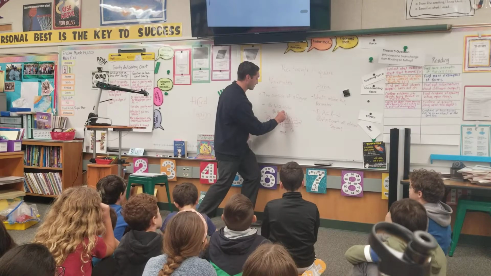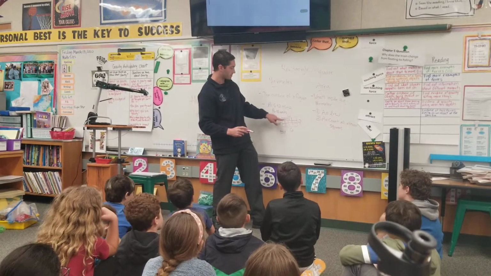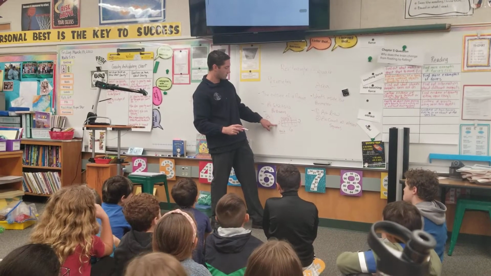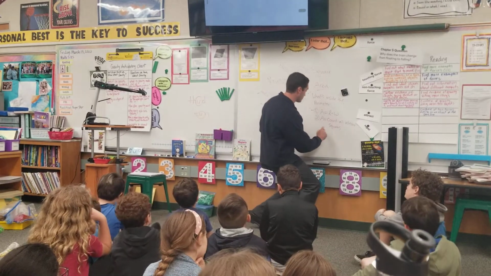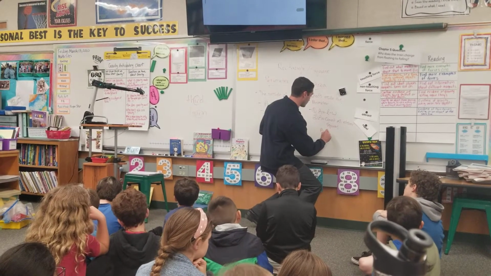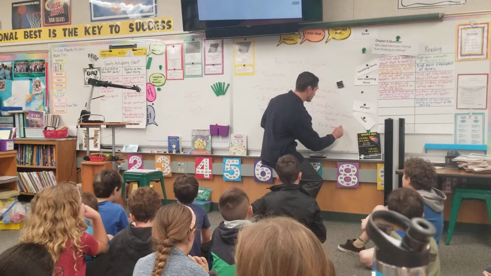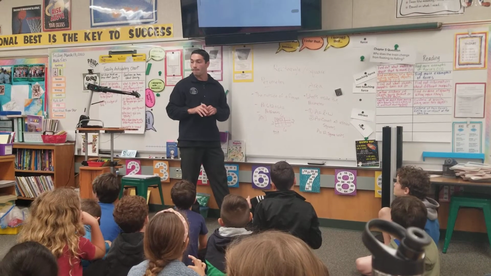And the area, if we did length times width, 12 square units. Square units, great. And this one would be 12 square units. All right? Got it?